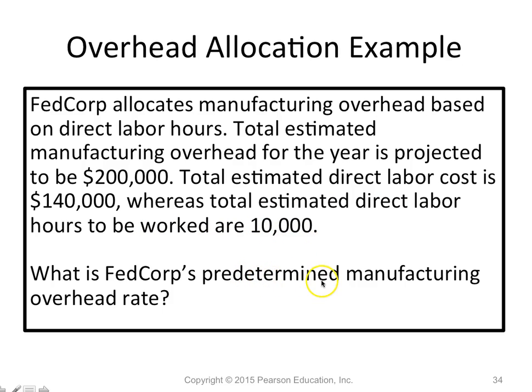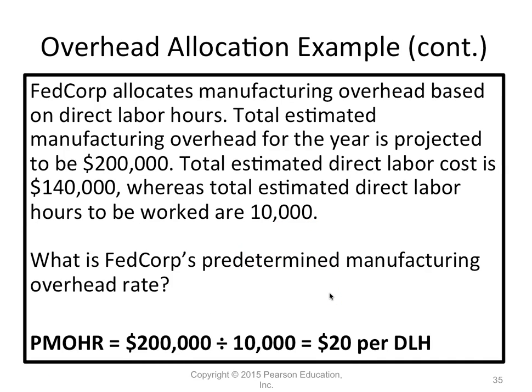So what is the predetermined manufacturing overhead rate? It's $200,000, estimated, divided by the estimated 10,000 hours, so it'd be $20 per direct labor hour.